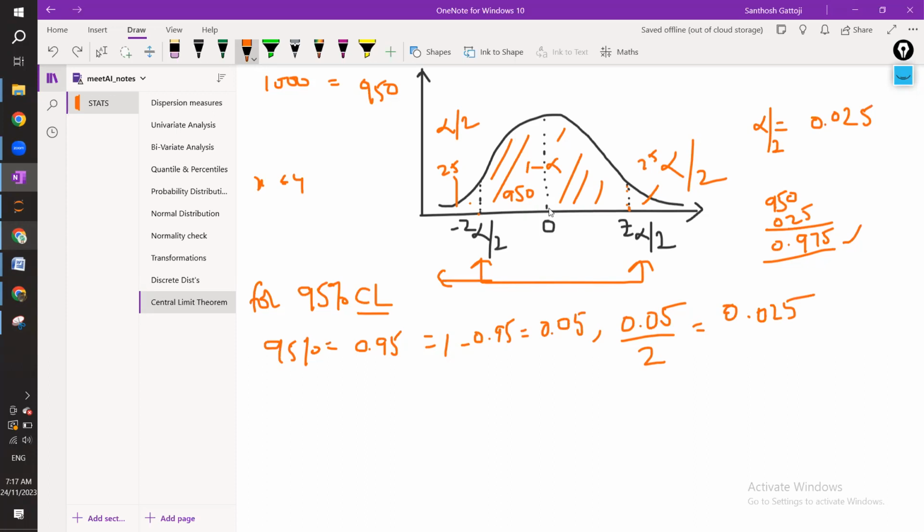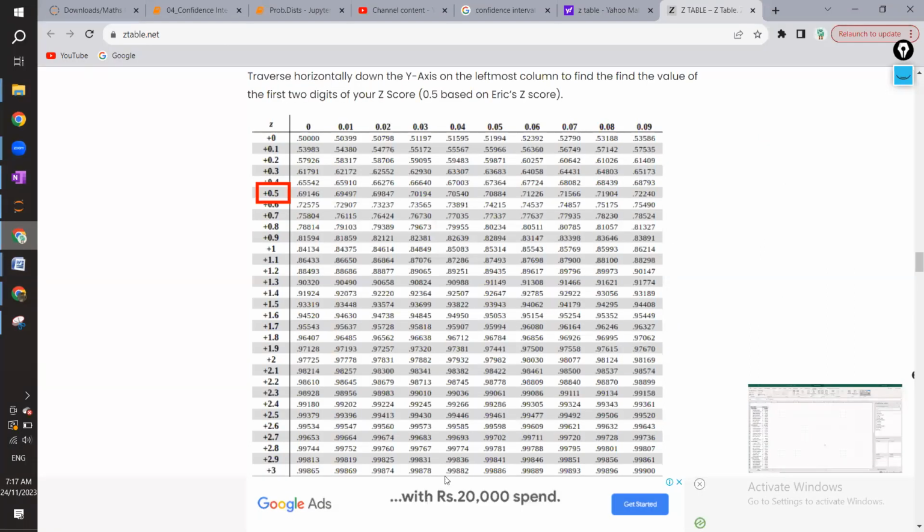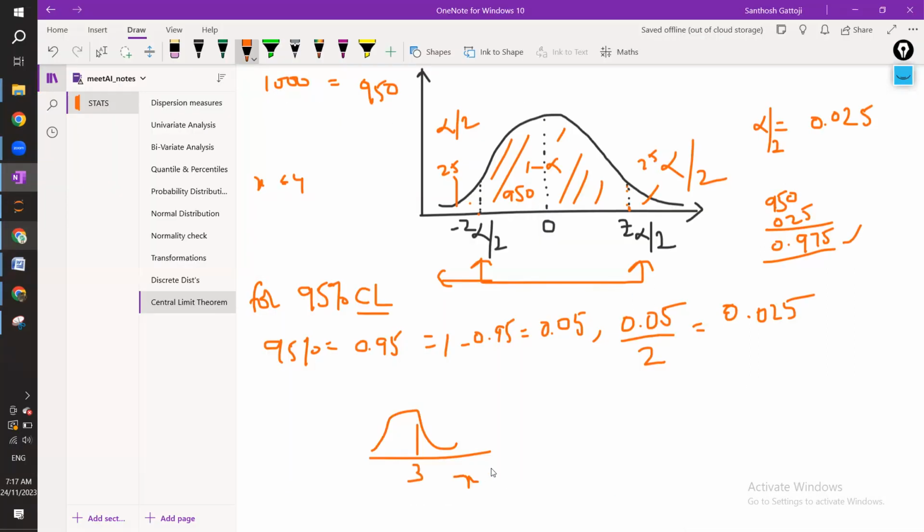Guys, don't lose track. In any normal distribution, if I say this is 3, the area you are seeing covers X less than or equal to 3. Cumulative probability distribution concept.